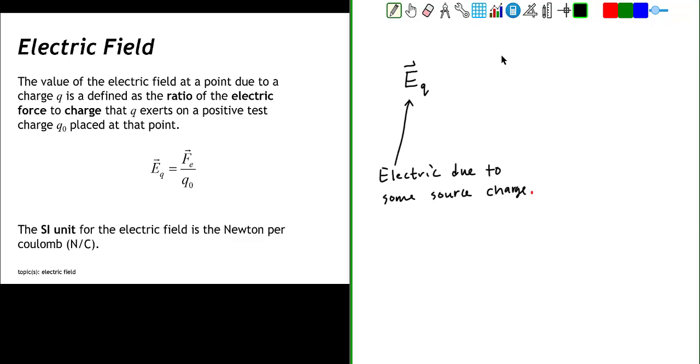This charge cannot experience an electric force due to itself. All it's doing is communicating an electric field. In the absence of charges, remember, the electric field is a message in space saying, "Here I am."